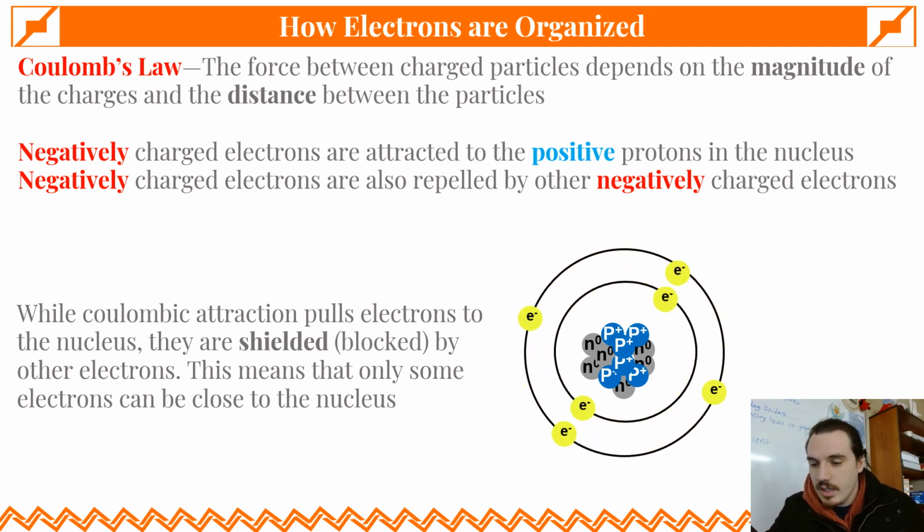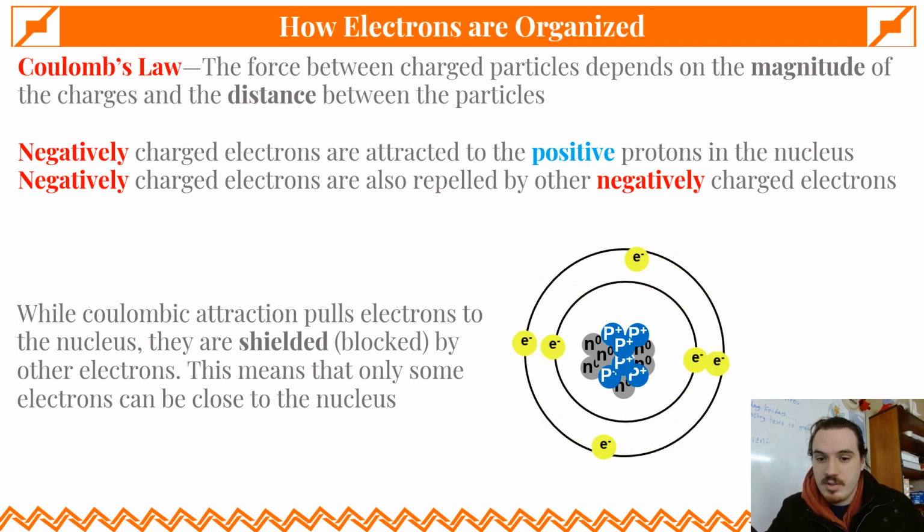So when these electrons are pulled to the nucleus, they are sometimes shielded or blocked. You can think of it like in football, somebody might block someone who's running to keep them from getting to a goal. In this case, the goal is the nucleus. That's where they're being pulled to, and the other person blocking them keeps them from getting there.